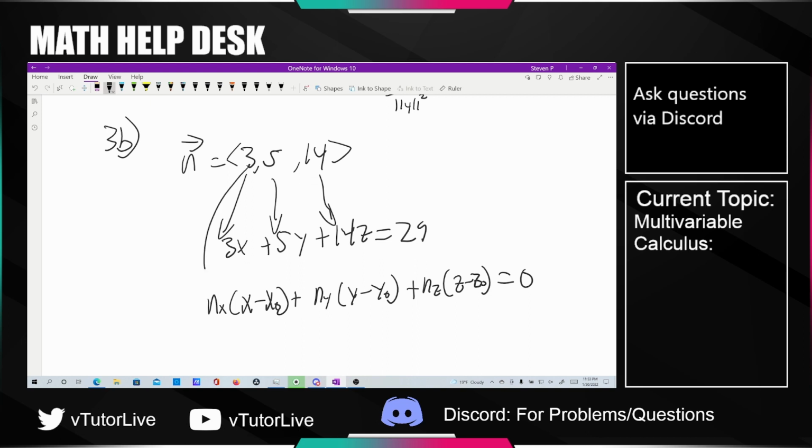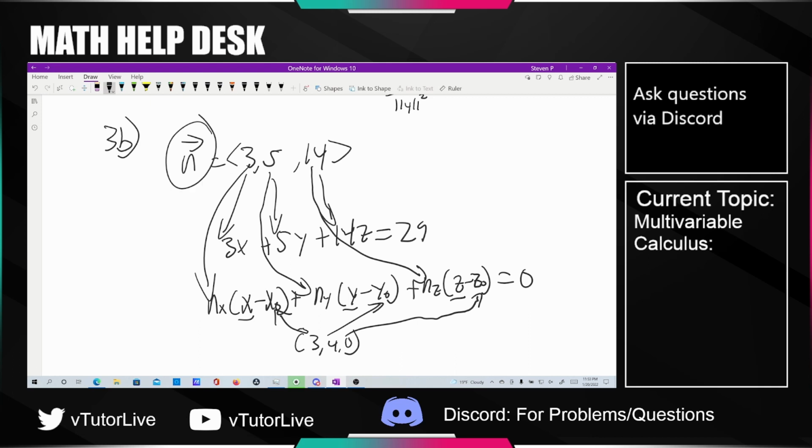Once you have the normal vector, you literally just plug in all of these. And then you plug in one of the points, like 3, 4, 0, into x naught, y naught, and z naught. And remember, regular x, y, and z are just your independent variables. And that's it. You can do a problem like this in basically as fast as it takes you to find a normal vector. You could do this problem in less than a minute if you're confident in your calculations.